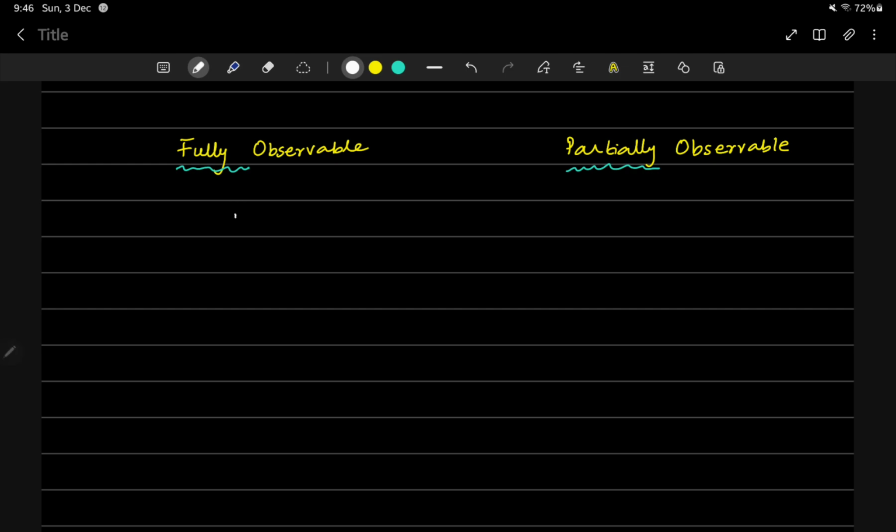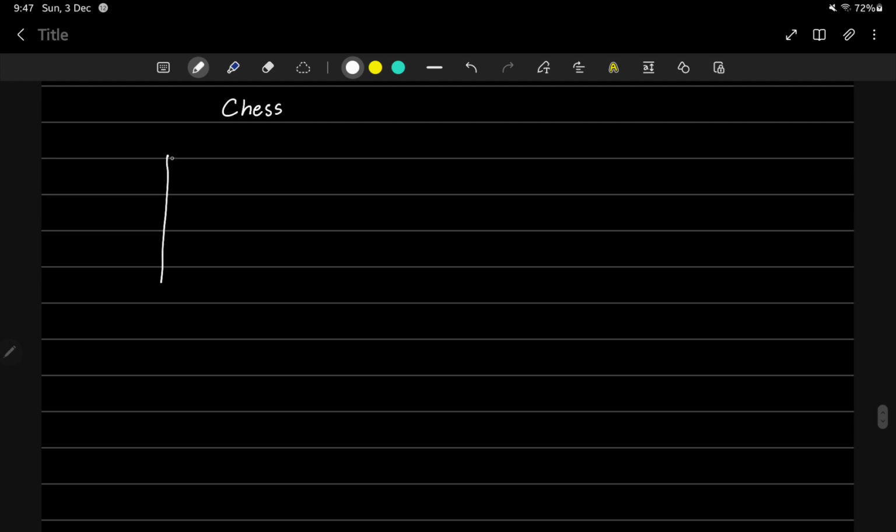Now, if you talk about fully observable environments, then we can take an example of chess, right? In chess, we have the entire state of the game board, including the positions of all the pieces, right? So let's say if this is the chess board, then I know where my enemy has their pieces.